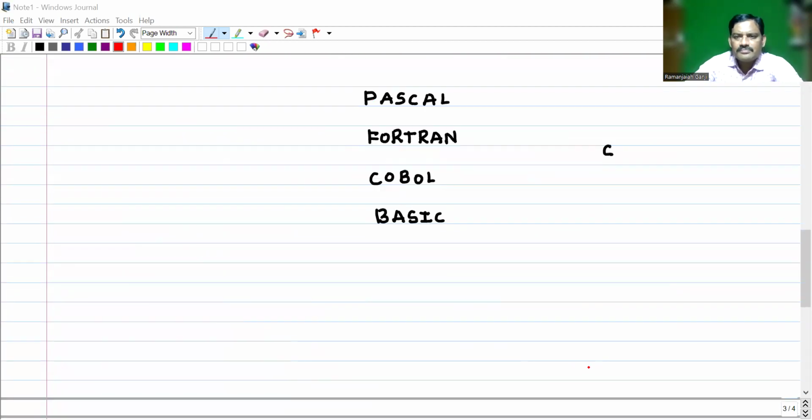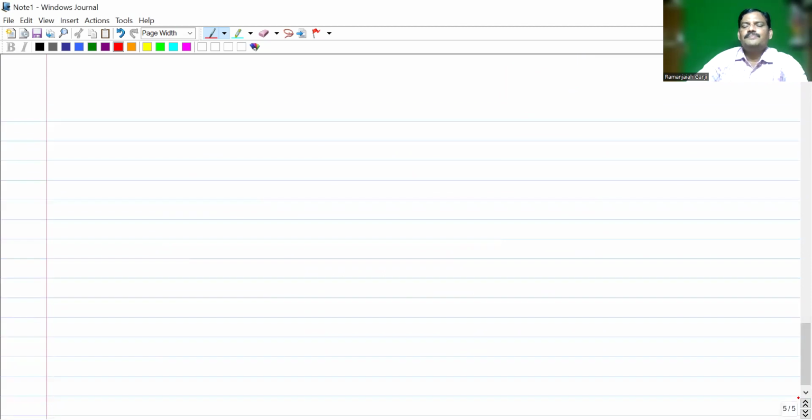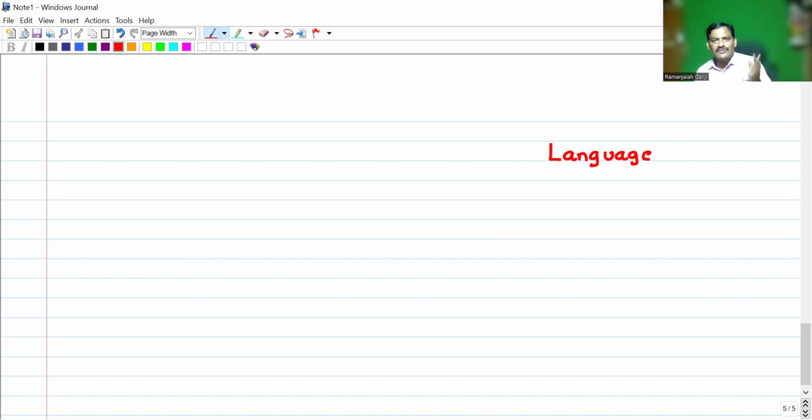Next point: I want to learn a language. How to learn a language? For example, in your childhood, your parents usually communicate with you in terms of alphabets, symbols, or sometimes words, sentences, then information.